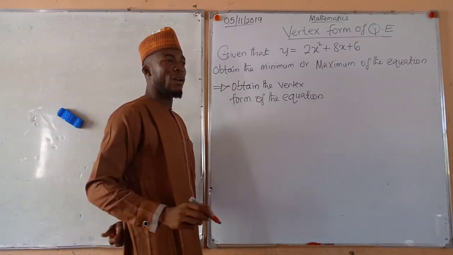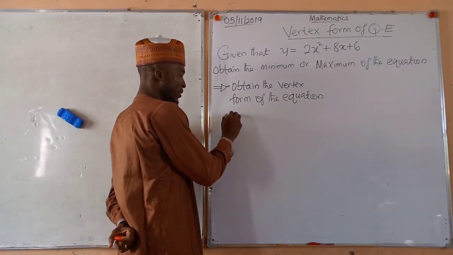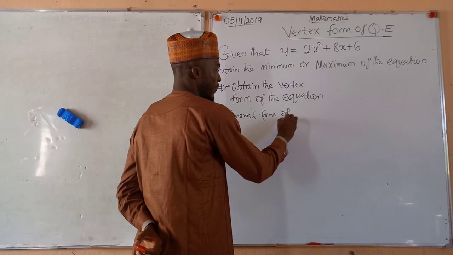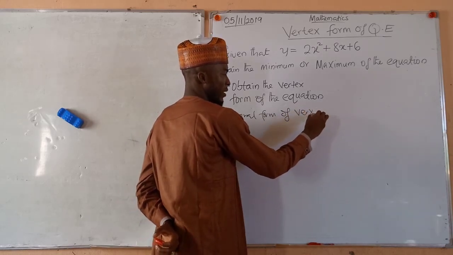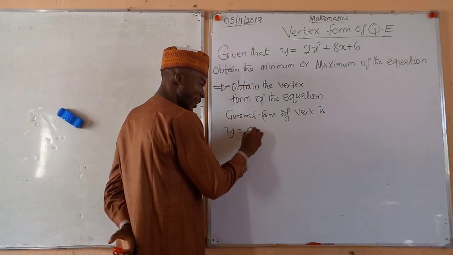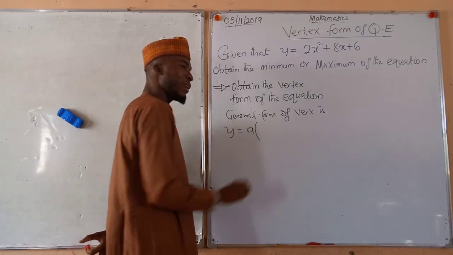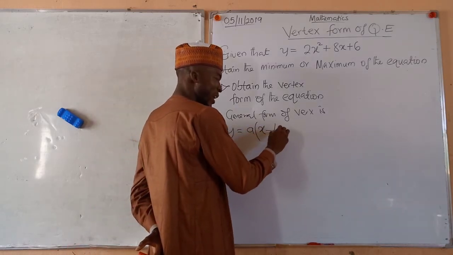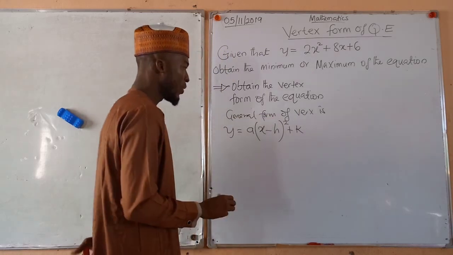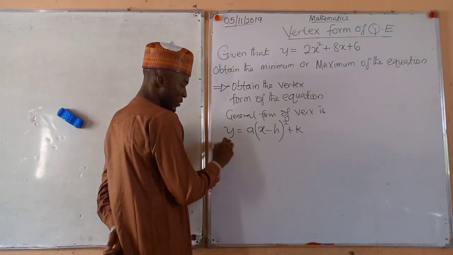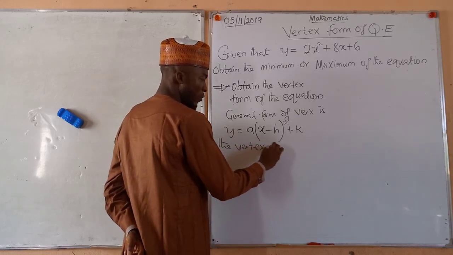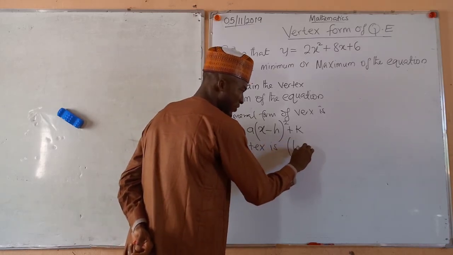The general form of the vertex form is given as y equals a in bracket of x minus h squared plus k, where the vertex is (h, k).